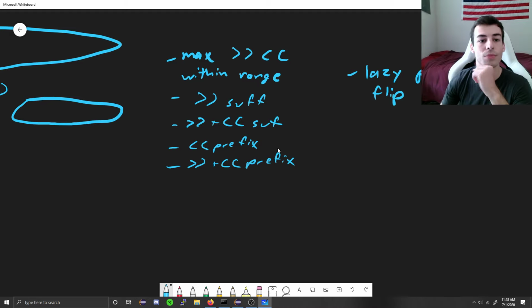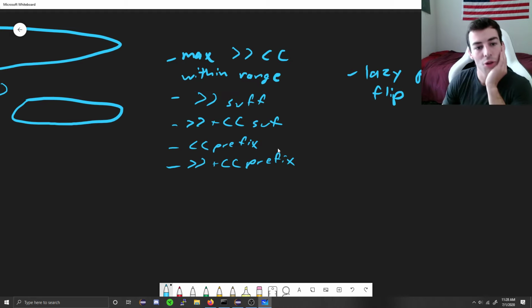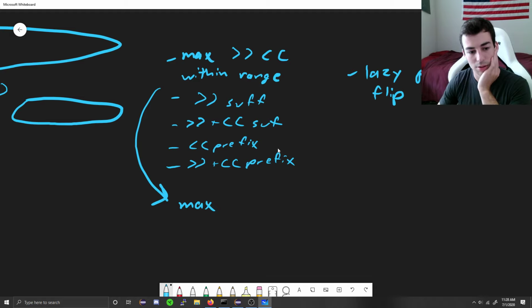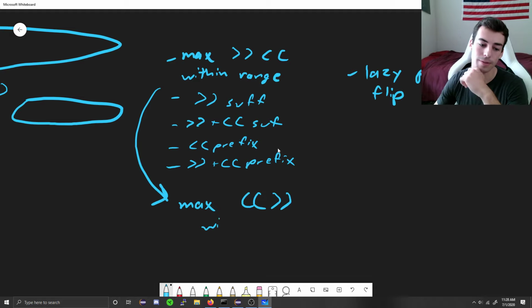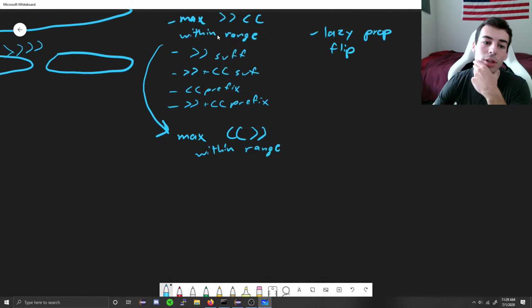And we can maintain, oh, we can't maintain this. So in order to maintain this, we're also going to need the max this within range. And what else are we going to need?